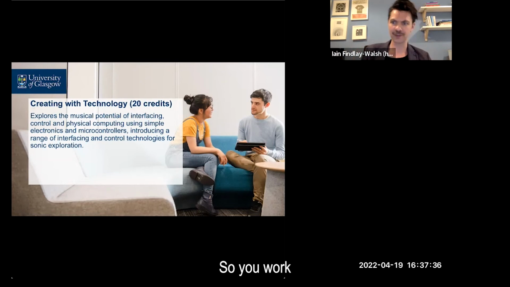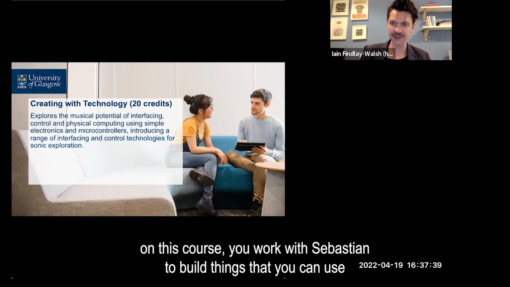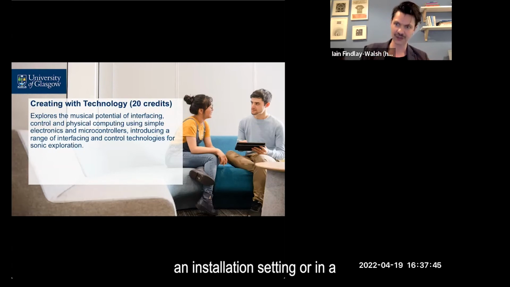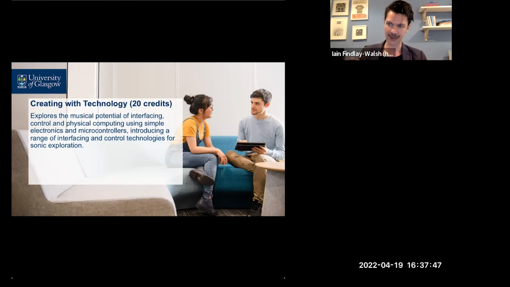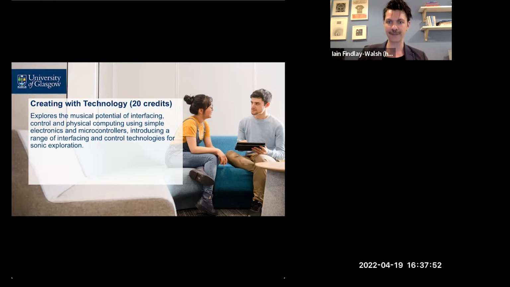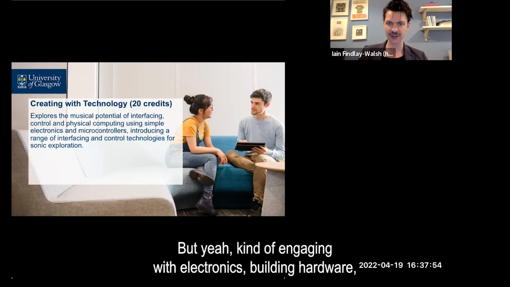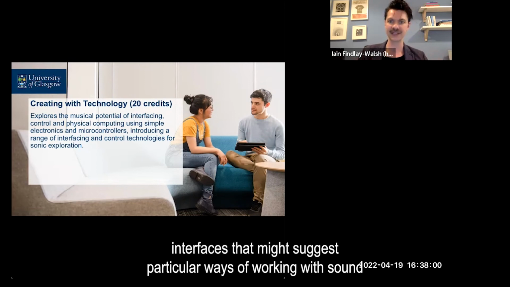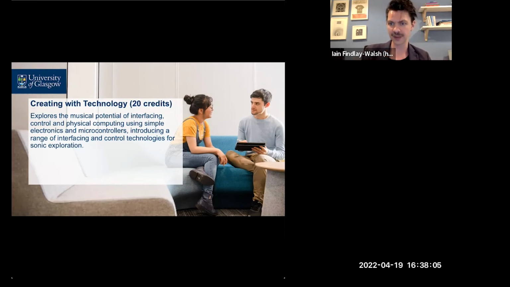So on this course, you work with Sebastian to build things that you can use in an installation setting, or in a performance setting, or in another kind of setting. But yeah, engaging with electronics, building hardware, and building interfaces that might suggest particular ways of working with sound, with audiovisual media.